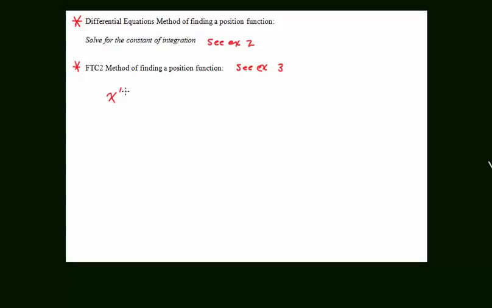So x prime of t, what does that give us? Can you think of it? It's the rate of change in the x coordinate. It's how fast the particle is moving in the x direction.